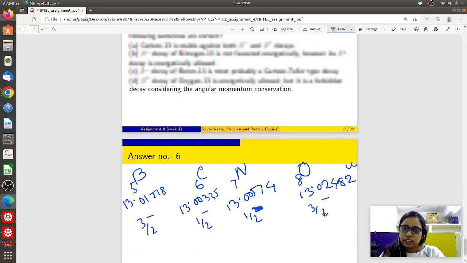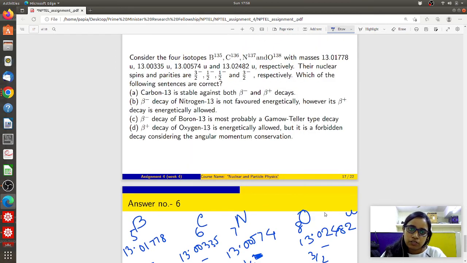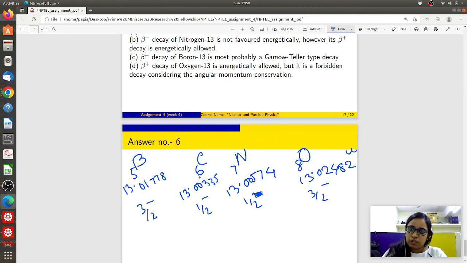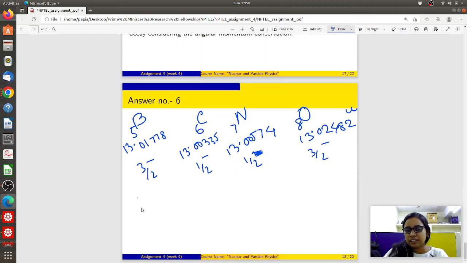Now, similarly there are 4 options, and we have to choose which option is correct or not. The first option is: carbon 13 is stable against both beta minus and beta plus decays. So coming to carbon 6, let's say carbon goes through beta minus decay.